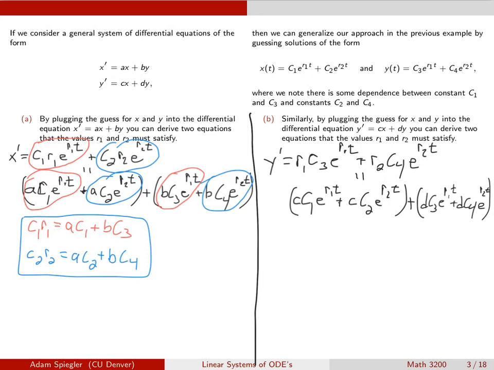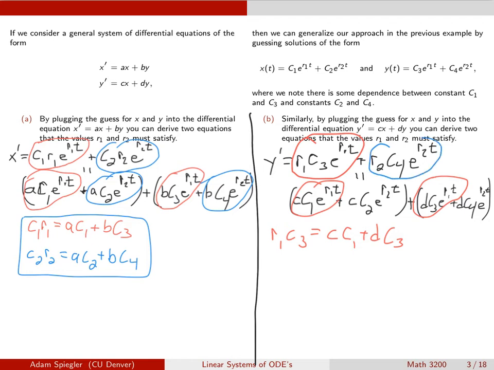So for the r1 terms, we altogether get one equation that says r1 c3 should equal c c1 plus d c3.